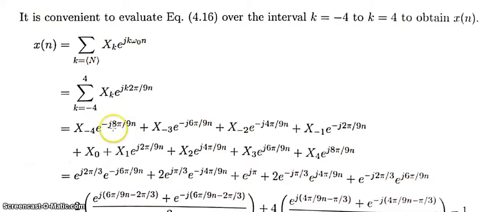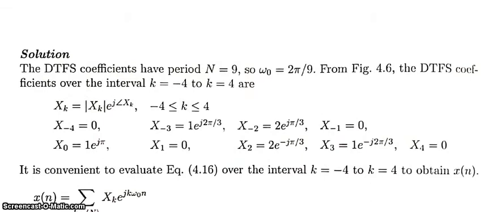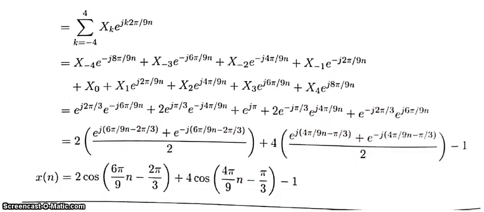Here the k value is -4, therefore e raised to -j 8 pi by 9 n. X -4 is 0. Similarly, out of these, 4 terms are 0, and we are left with only 5 terms. Then they have grouped the similar terms.